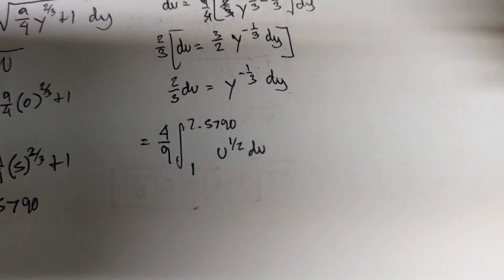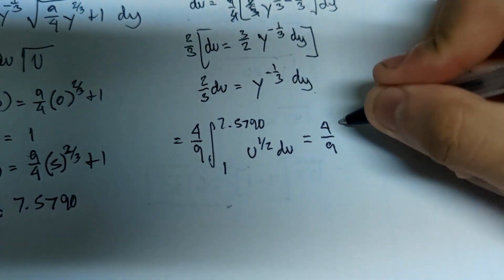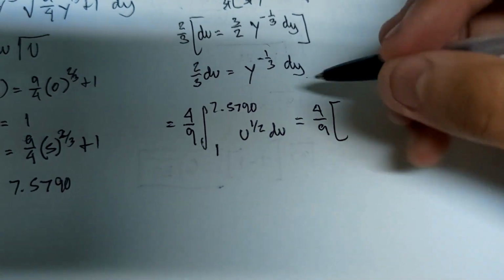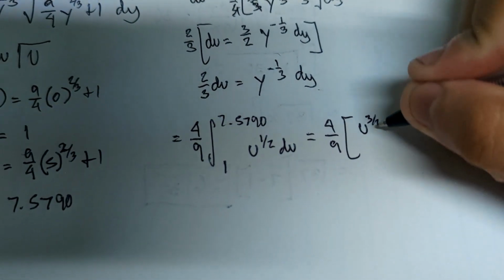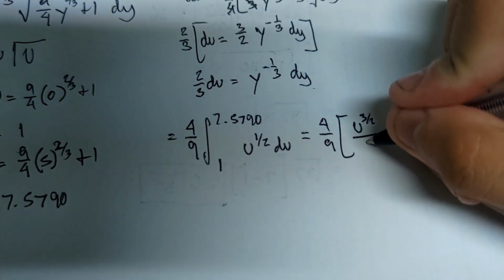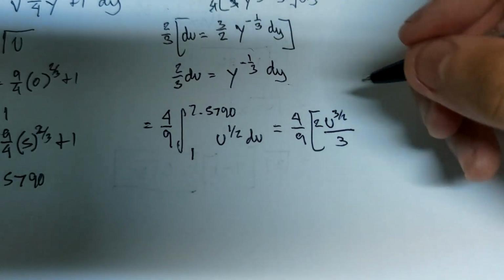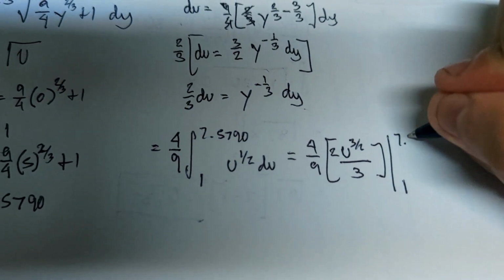So now this will become 4/9, and we can solve this. This u raised to 1/2 will become u raised to 1/2 plus 1, which is 3/2, over 3/2, with the limits of 1 to 7.5790.